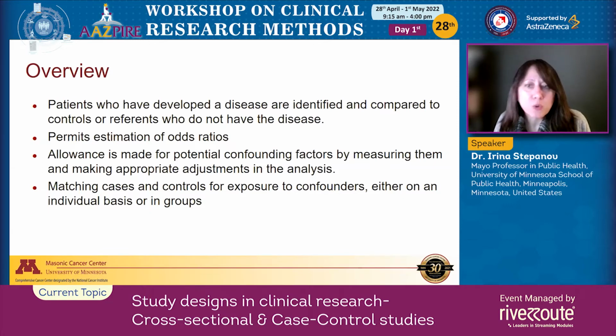So in case control study, patients who have already developed a disease are identified, and then you can look at their past exposures to suspected risk factors, and then you compare that to controls or references who do not have the disease. So this is where the case control study term comes from. And this allows you to estimate odds ratios for disease or for disease risk.